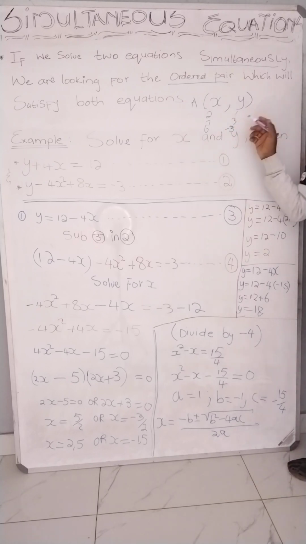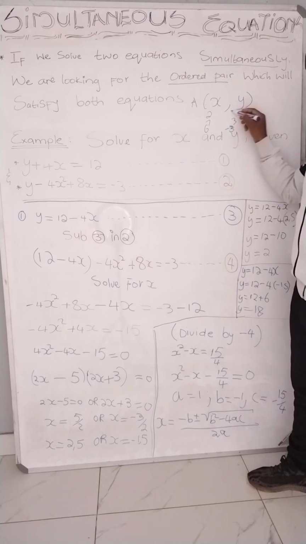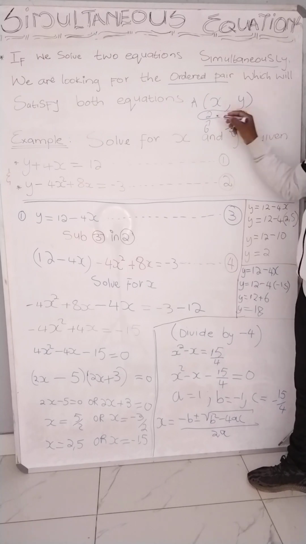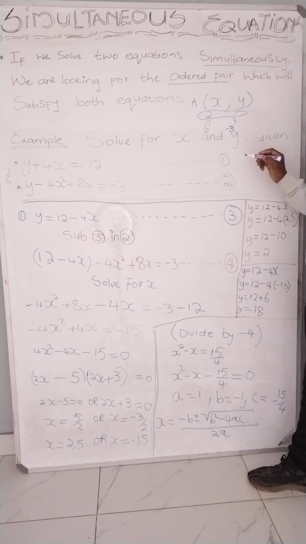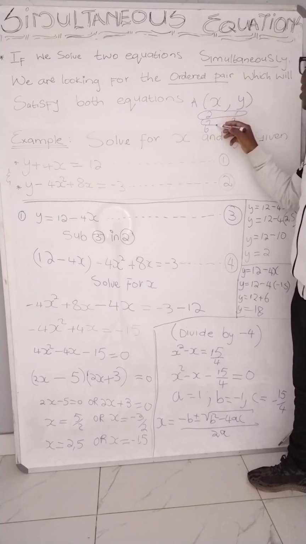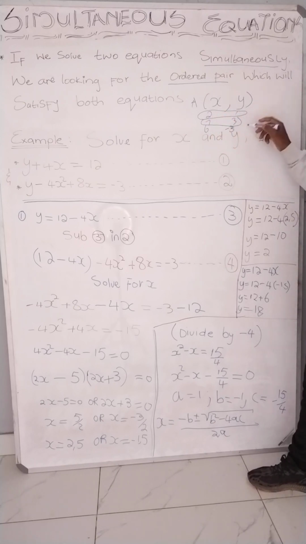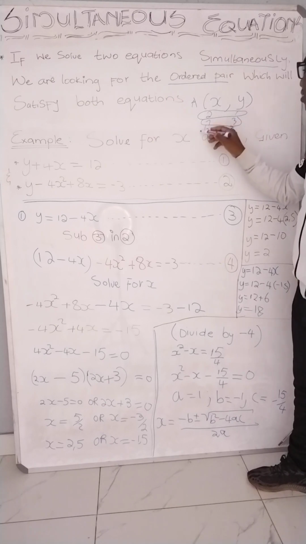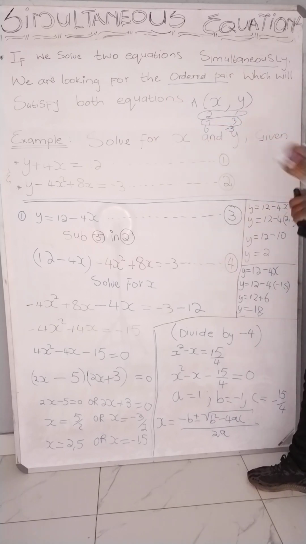But when we say an ordered pair, we are saying when x is 2, y is 1. We are not saying that x cannot be 7, but when x is 7, y is not 1, but it's 3. When x is 6, y is negative 3.